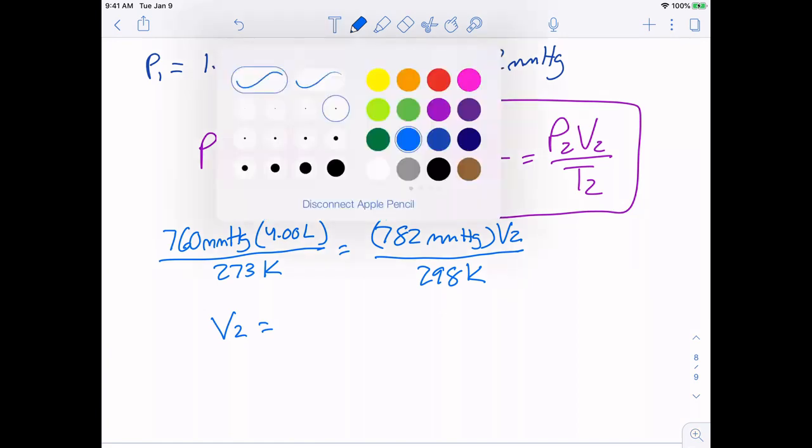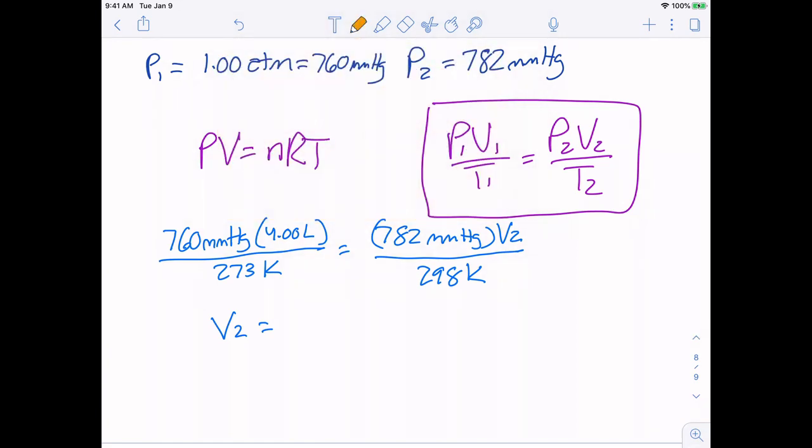As far as units, the pressure units are going to cancel, my kelvins are going to cancel, and then I'm going to be left with liters as my final unit. This is why we need to make sure that the pressures were both either millimeters of mercury or both atmospheres, so they cancel. Again, the temperature needs to be in Kelvin. You don't have an option on that one.